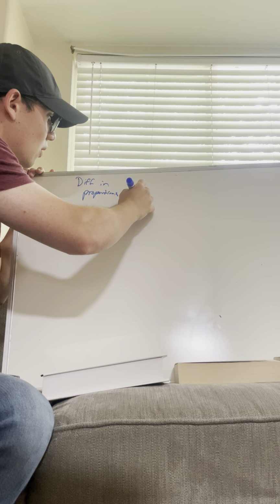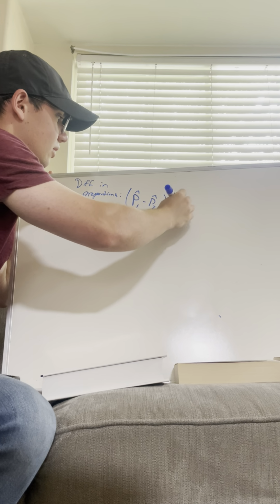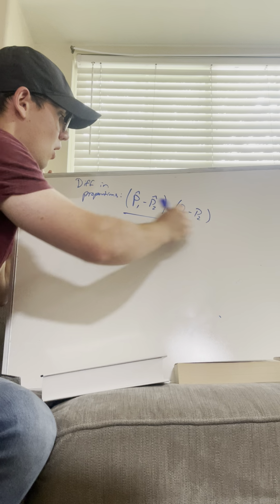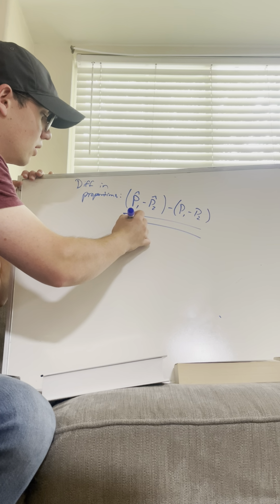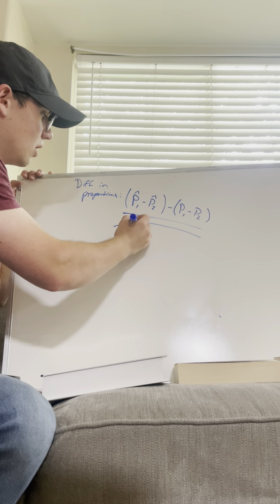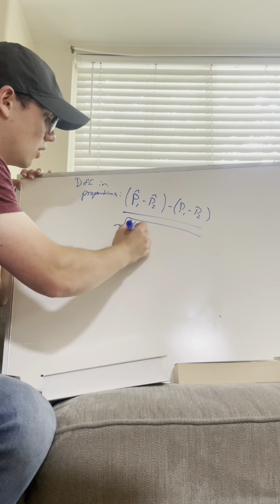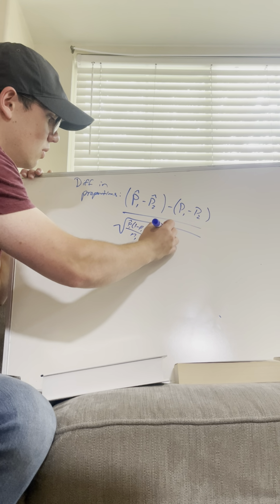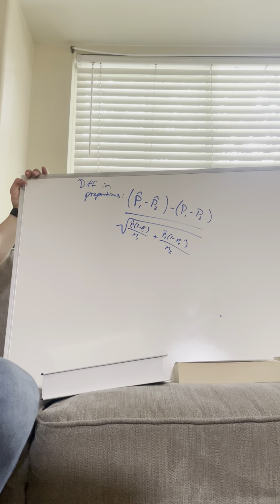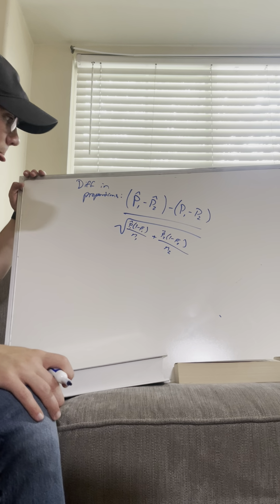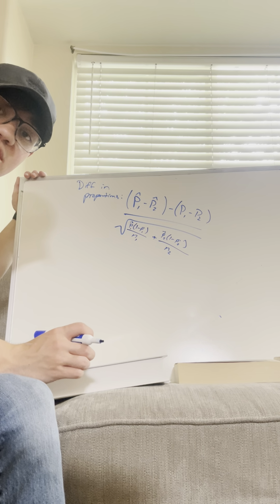Here, we're going to have p hat 1 minus p hat 2 minus p1 minus p2 all over the square root of p hat 1 times 1 minus p hat 1 over the first sample size plus p hat 2 times 1 minus p hat 2 over the second sample size.